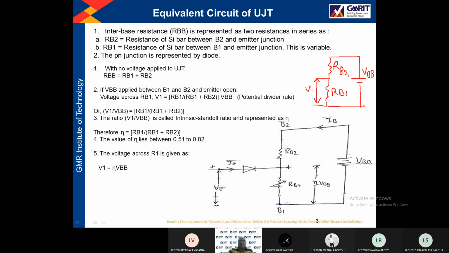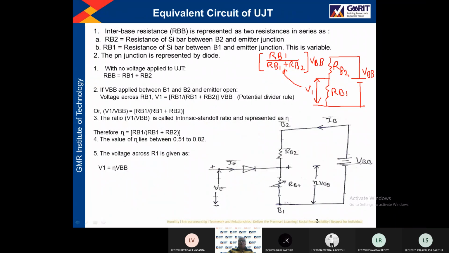Suppose this is V1. Then simply you apply the potential divider rule, right? The voltage across this, V1, will be RB1 divided by RB1 plus RB2, multiplied by the applied voltage VBB.